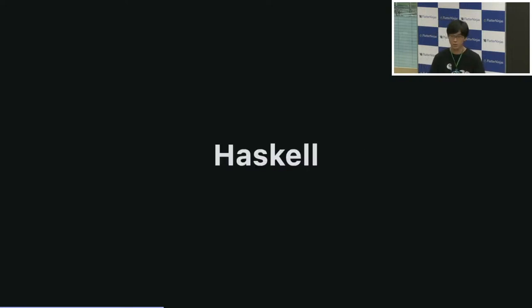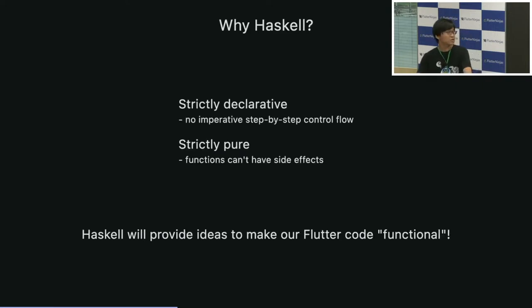So we have Haskell here. What is Haskell and why Haskell? Haskell is a functional programming language which is strictly declarative and strictly pure. We cannot introduce any imperative code inside Haskell, and we cannot introduce direct side effects into Haskell functions.